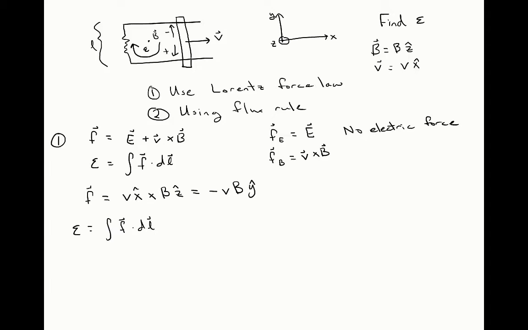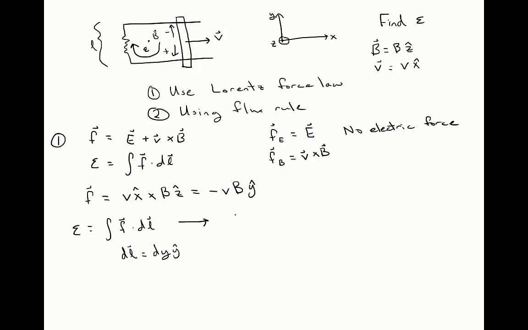The charges are only moving in the rod, so this only applies over the length of the rod. Now we could go through and do a formal line integral and say that dl equals dy y hat, and actually formally do this line integral. But we don't have to because this force is constant, so we don't really have to do an integral.